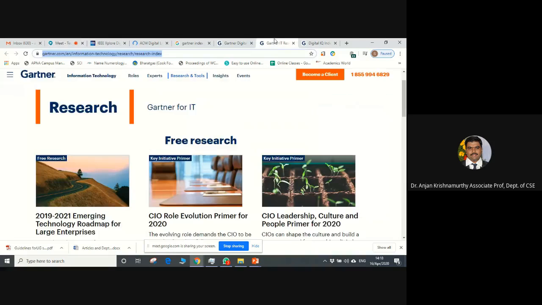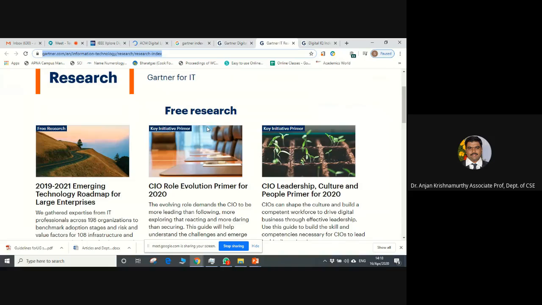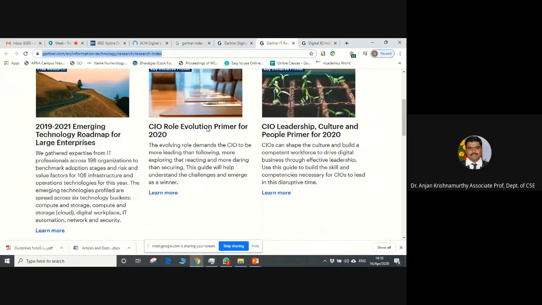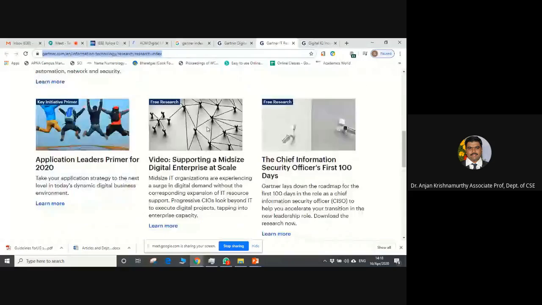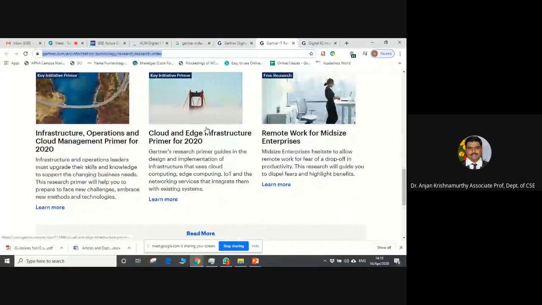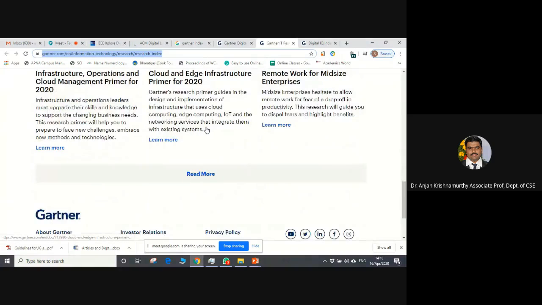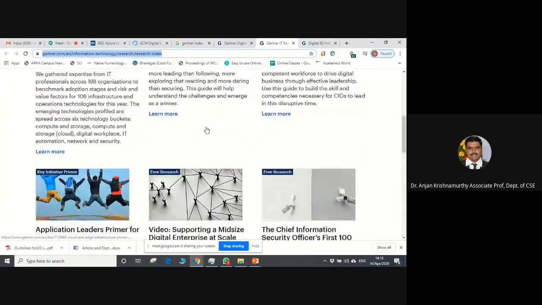You can see that these are the top trends in industry across multiple verticals, right? You may see that infrastructure operations cloud management is one such thing, cloud and edge infrastructure is another one, remote work for mid-size enterprises is another trend, right?